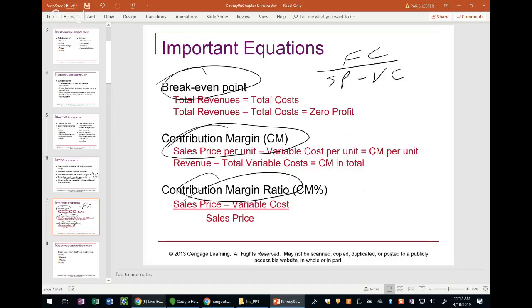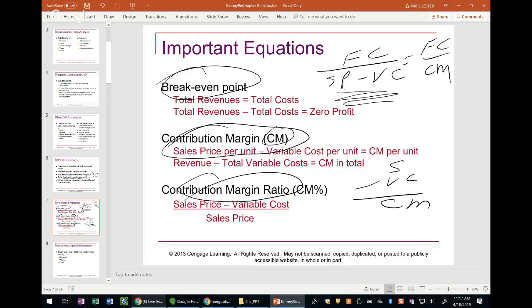Here we have contribution margin. We know that sales minus variable cost gives us contribution margin. So when we take selling price minus variable cost, we've actually got fixed cost divided by contribution margin. Okay? And here, contribution margin is the selling price minus variable cost, the contribution per unit, right here.